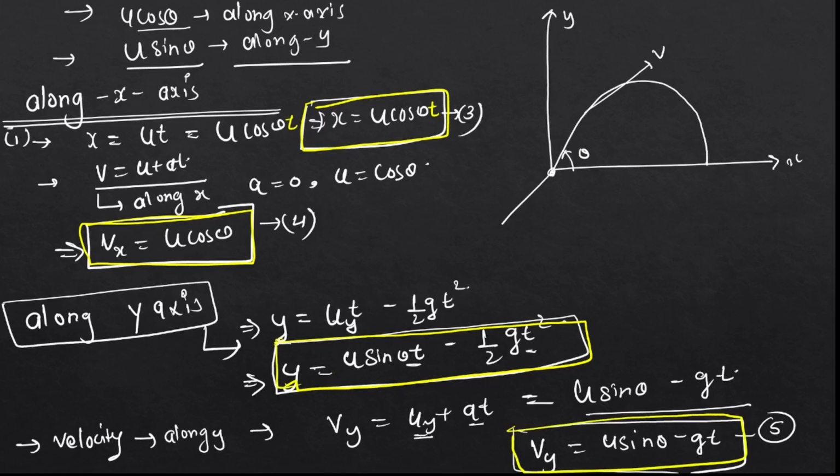Secondly, as I told you, I am going to find the time of flight, range, and maximum height. But first you should know these four equations: x, y, vx and vy.